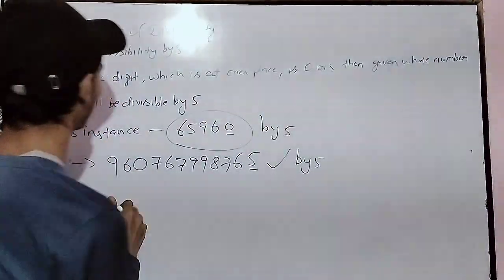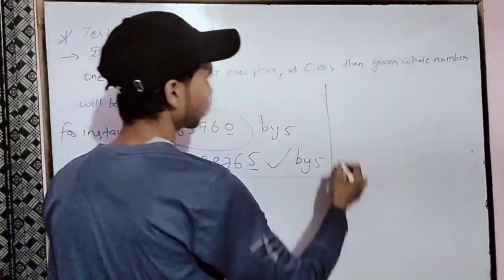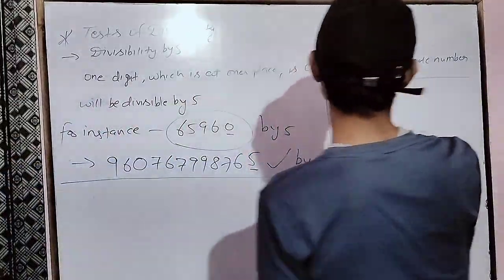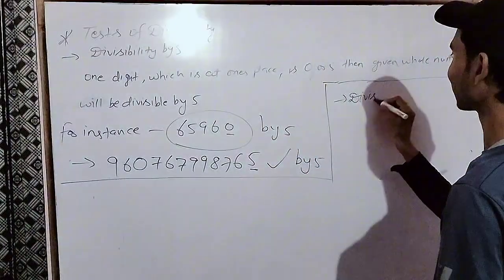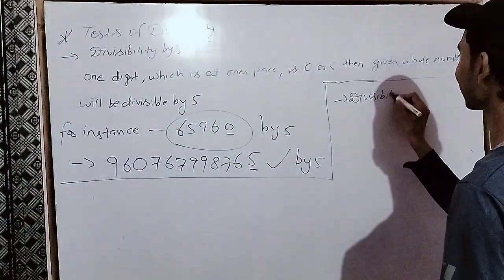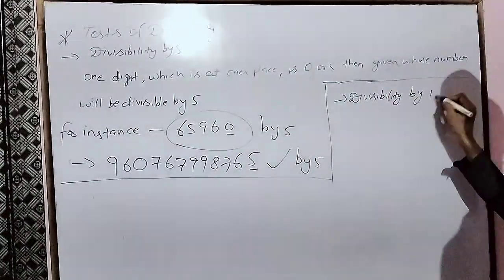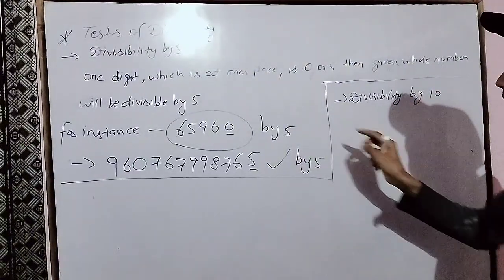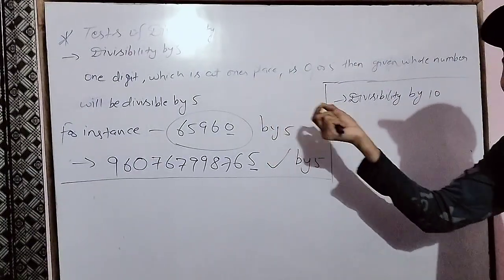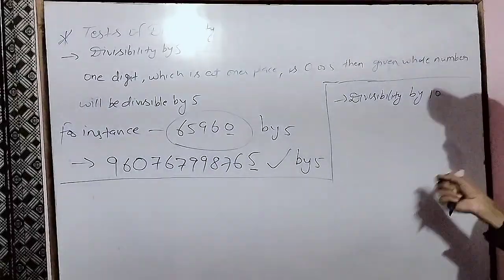Same for 10. Divisibility by 10. What's the difference? Both look similar, but there is a little tiny difference.